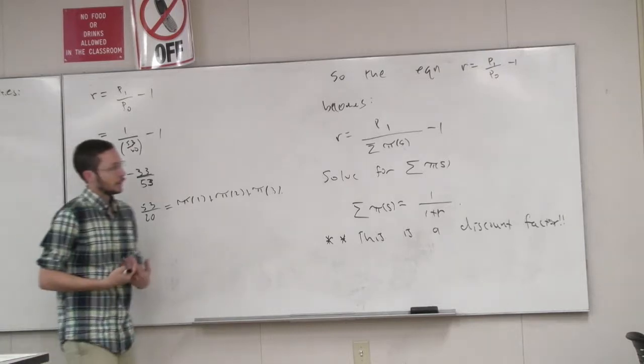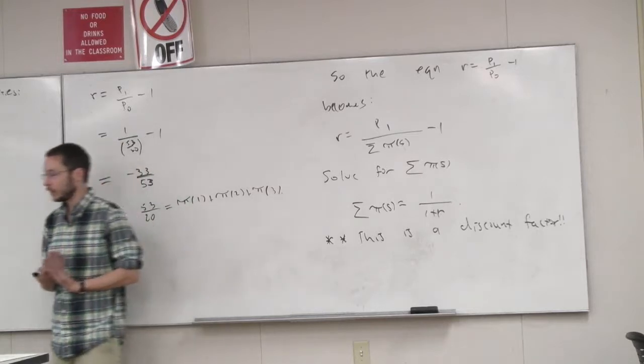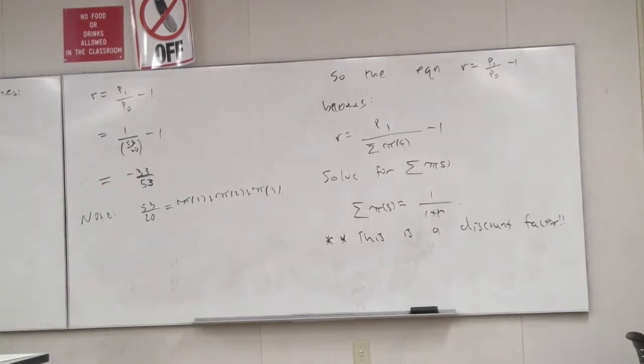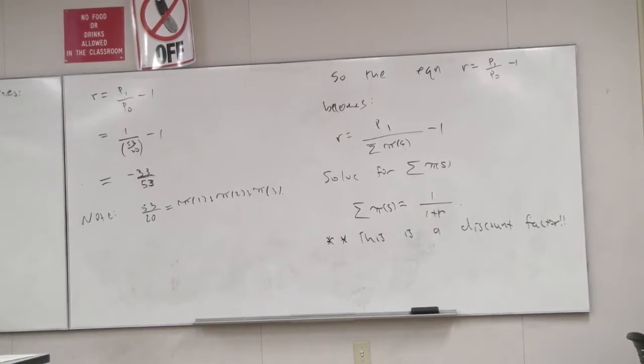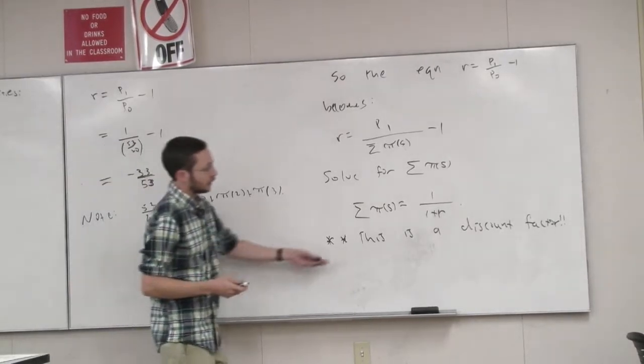And so really, a choice of arrow prices essentially determines this discount factor. And this would be used for risk-neutral investors.